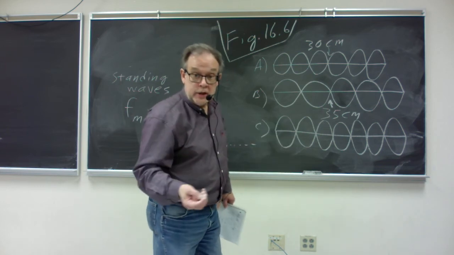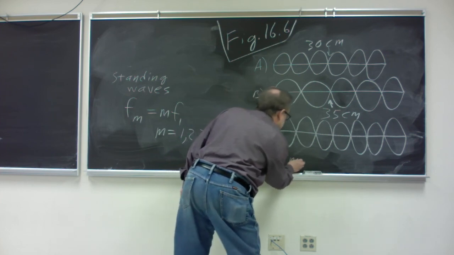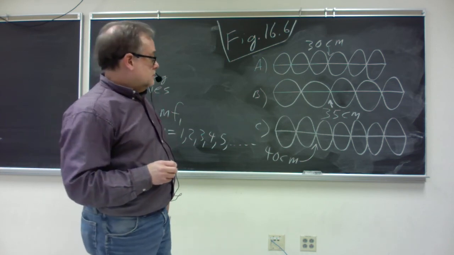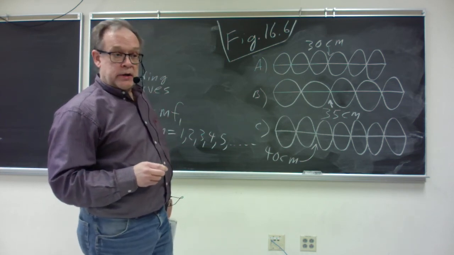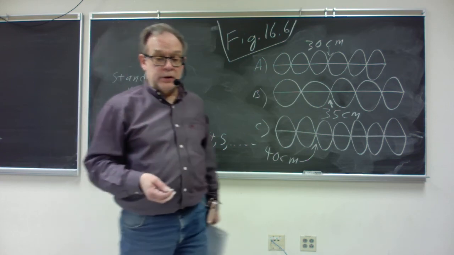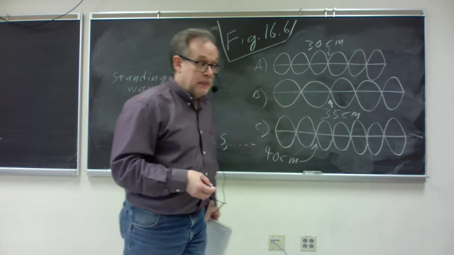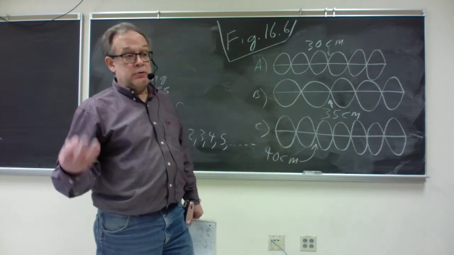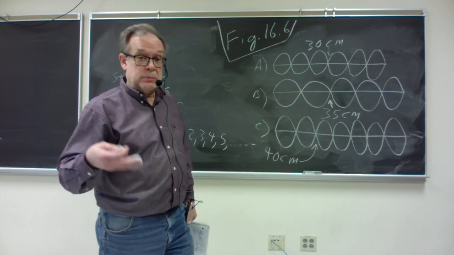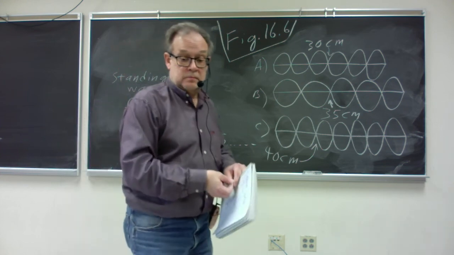We'll say it's 40 centimeters. We can rank those strings in terms of the wavelength of the traveling waves that produced these standing waves. We just do that by using the principle that is mentioned in the book: half wavelength between nodes.